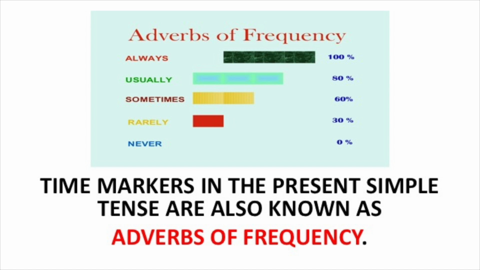Always 100%, usually about 80%, sometimes 60 or 50%, then less than 50, 30 or 20%, rarely, and 0%, never. These are time markers or adverbs of frequency.